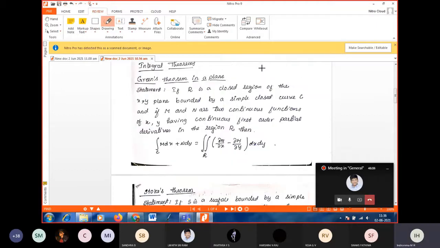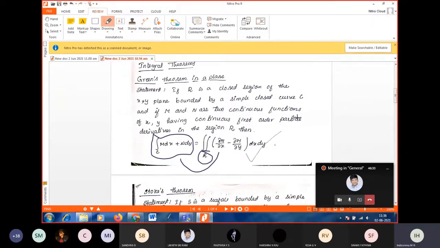Some problems are difficult to evaluate in the given form, that is, the integral over C of m dx plus n dy. That can be converted into a double integral over the region R, with the formula being double integral over R of dou n by dou x minus dou m by dou y dx dy.